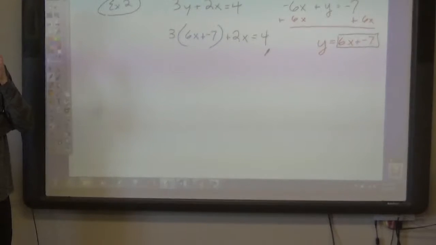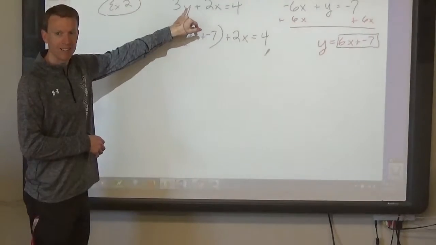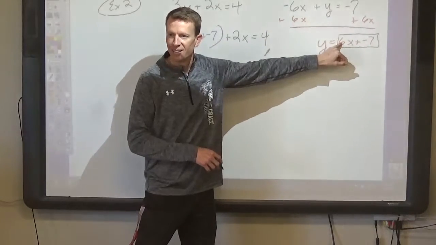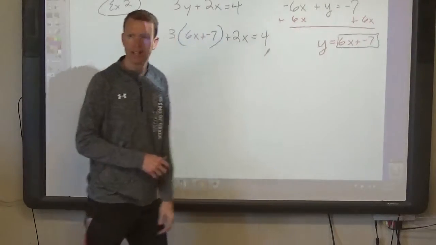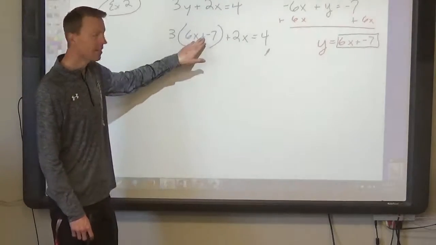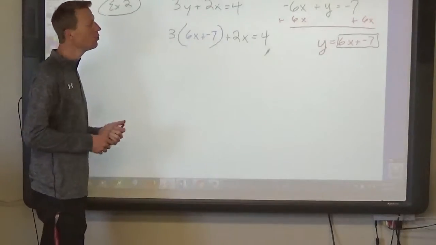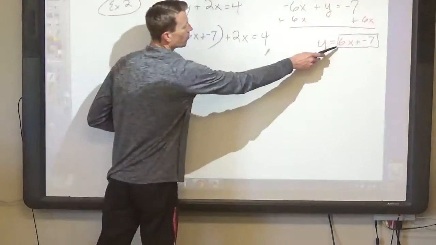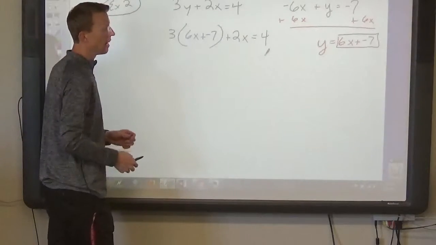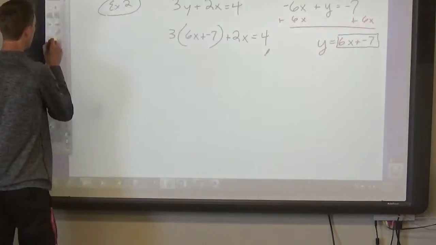Yes. What are we using instead of y? 6x plus negative 7. The expression for it, right? That's what it means to substitute, exactly. That's why it's called the substitution method. We're substituting the expression in for y, so we can solve it for x, and then use the value of x to go back and find y.